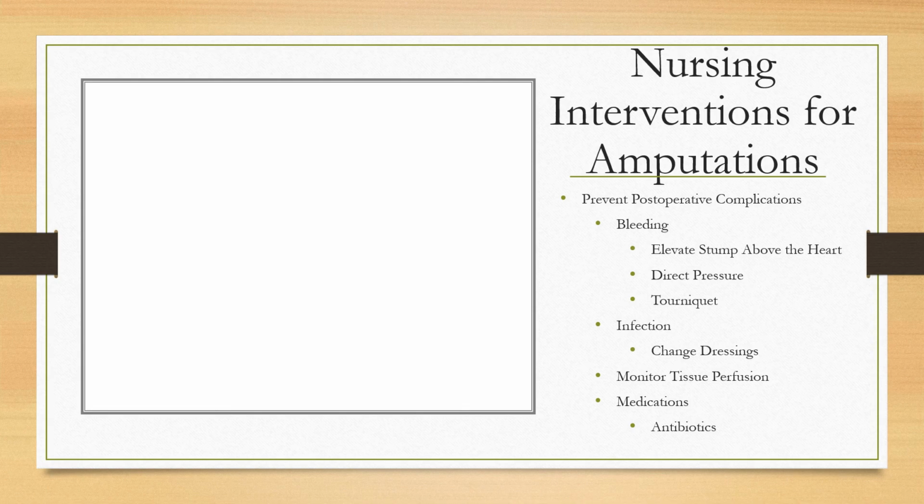Frequent dressing changes, administration of antibiotics, especially if the wound was left open, so the stump was left open because of potential for infection. Often they'll close the stump. Okay, so leaving a stump open usually means they want to allow drainage to go out because there's a potential for infection. Okay.